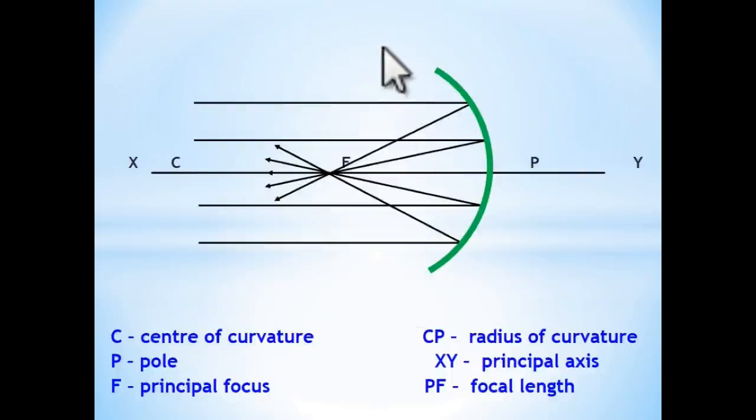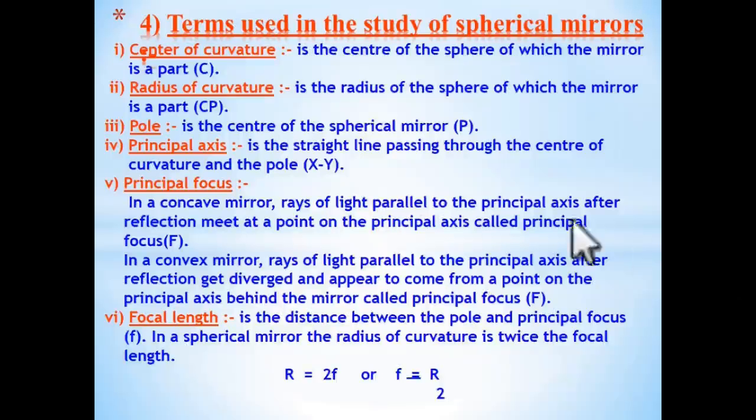We should know a few terms related to the concave mirror. So the first one is center of curvature. It is the center of the sphere of which the mirror is a part.